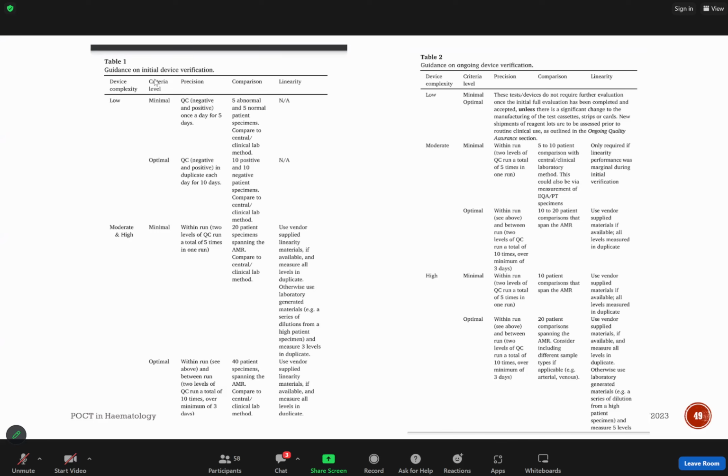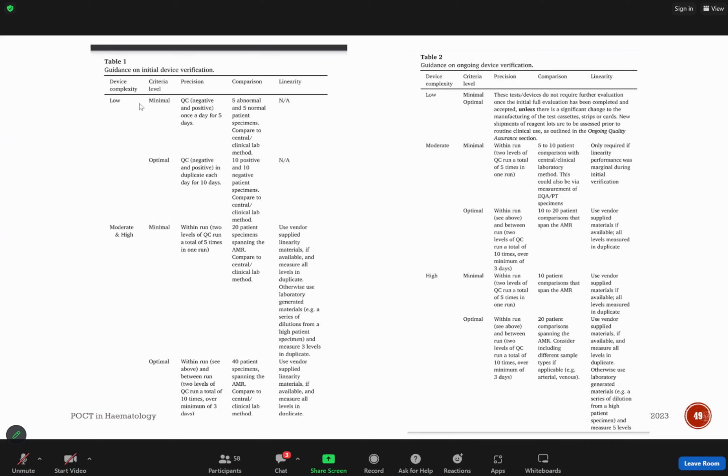Table 1, guidance on initial device verification, which is, for example, the first request, I mean, a new device that this site is going to have. The verification suggested by this journal is also according to device complexity. Here they divide into low, moderate and high.